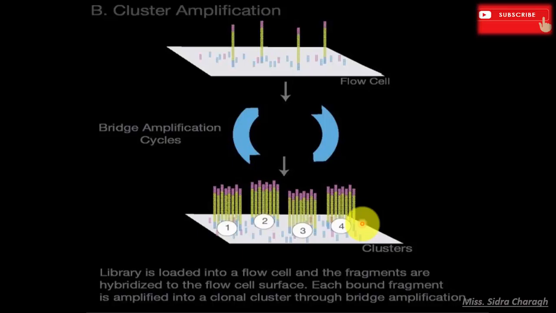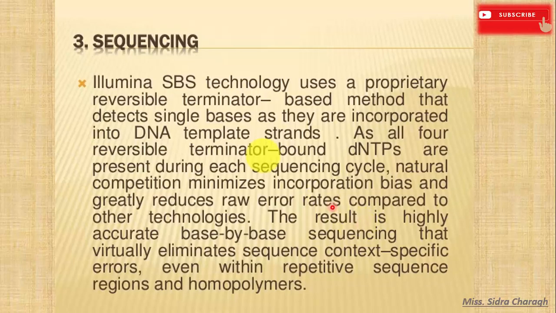And the third phase is sequencing. Illumina SBS technology uses a reversible terminator based method to detect single bases as they are incorporated into the DNA template strand, as all four reversible terminator-bound dNTPs are present during each sequencing cycle.